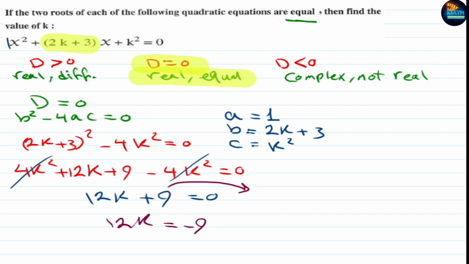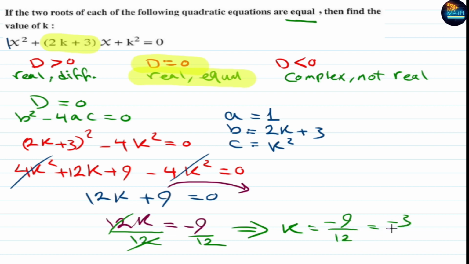So here divided by 12, and also here divided by 12. 12 and 12 cancel each other out. So k is equal to negative 9 divided by 12, which is equal to negative 3 divided by 4, because if you divide each term by 3, you'll get negative 3 over 4. Negative 9 divided by 3 is negative 3, and 12 divided by 3 is equal to 4. So k is equal to negative 3 over 4.